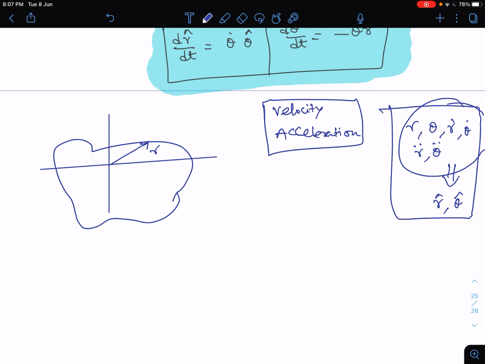So now let's see how the velocity and acceleration depend upon these terms.